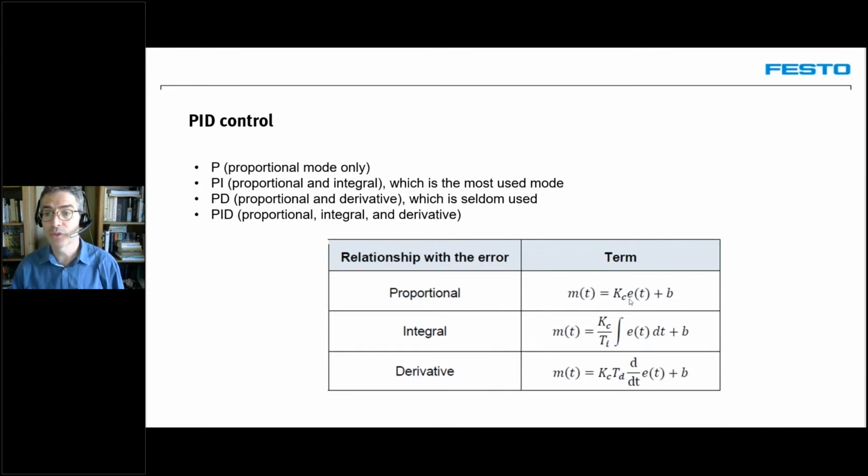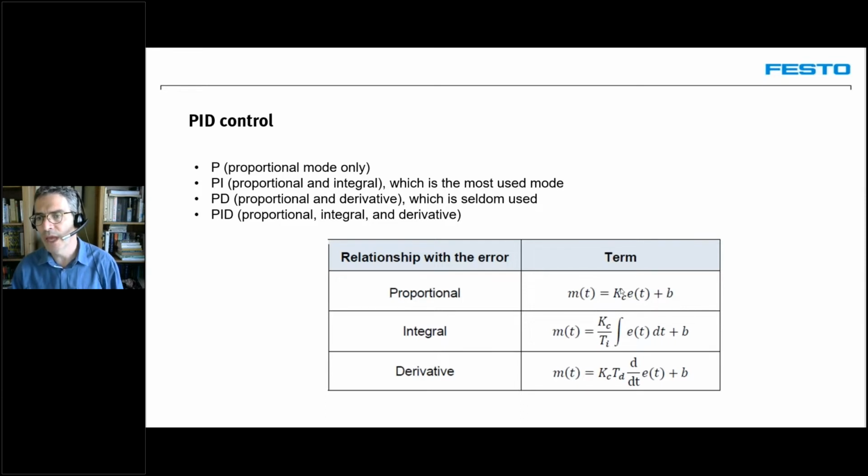Proportional will simply multiply the error by a fixed gain, which is the controller gain, to produce an output, where M stands for manipulated variable. So our manipulated variable, let's say the speed of the pump, will be equal to the current error multiplied by a constant parameter, the controller gain.